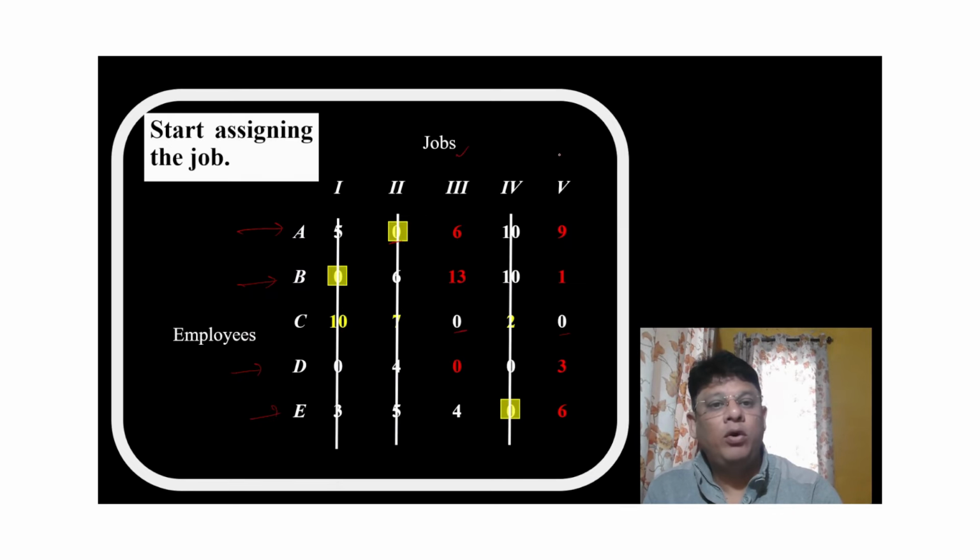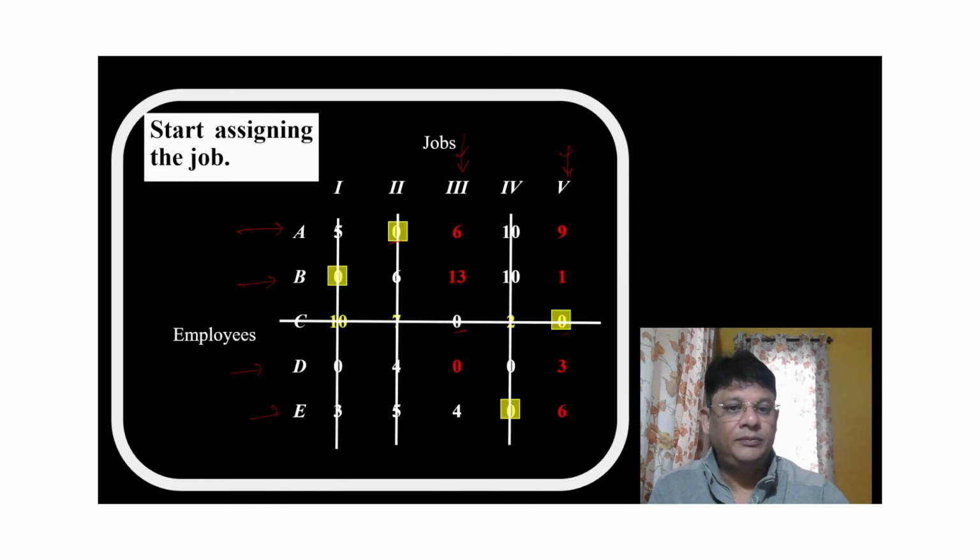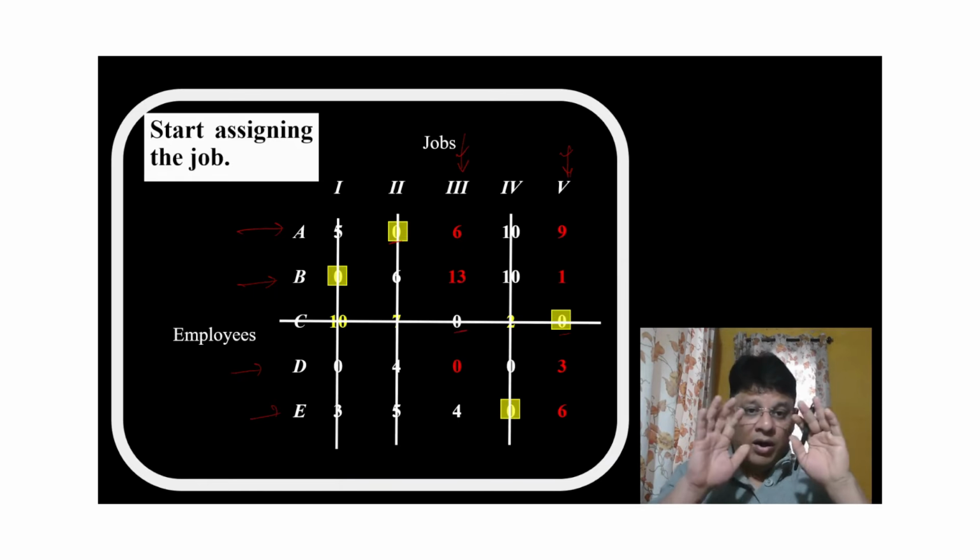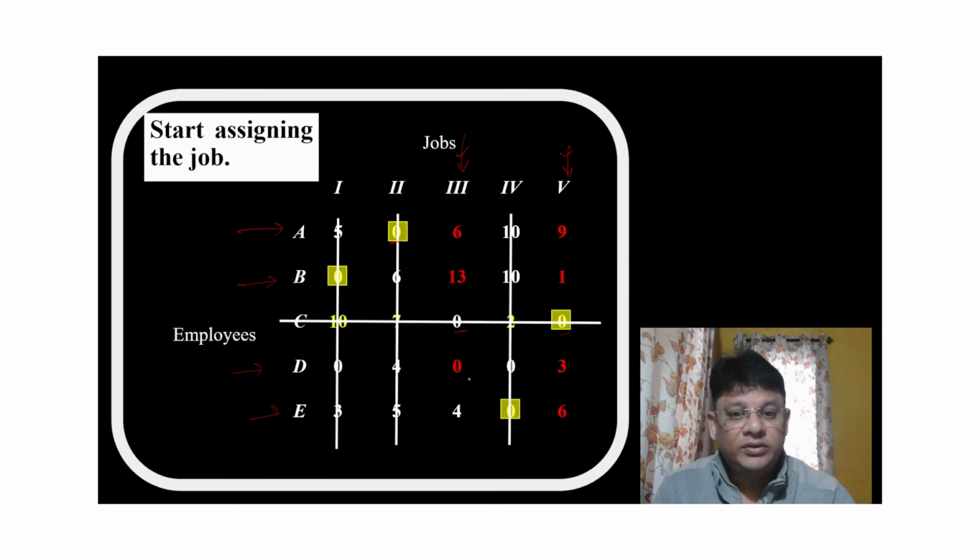Done. Now move on to column wise. We have only 2 columns available, so we'll just go for this column. How many zeros are there? 2, so leave it. Don't do it. Come to this one. You have how many? 1. So I'll assign it, and then I will cut. Fine. Now after doing this, there is still one 0 that is not assigned.